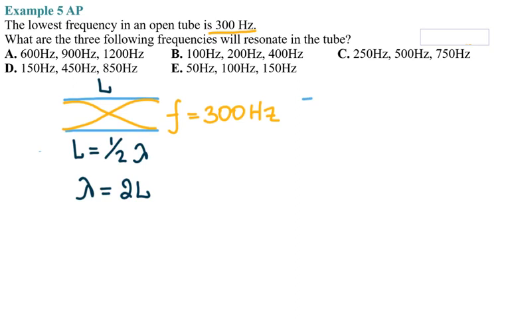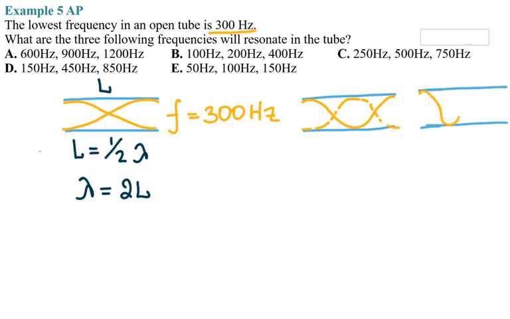So for the next frequency and for the following frequency, I don't change the length of my pipe, I just change the frequencies. So for the next one, I'm going to have this wavelength, and for the next one it's going to be this one. So in this case, again, L is equal to lambda, and in this case, L is equal to 3/2 lambda.